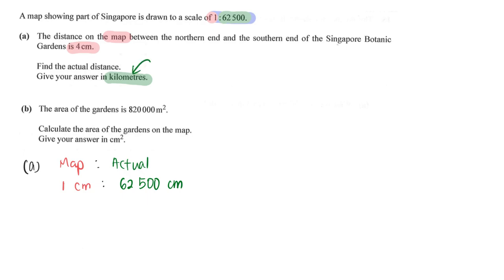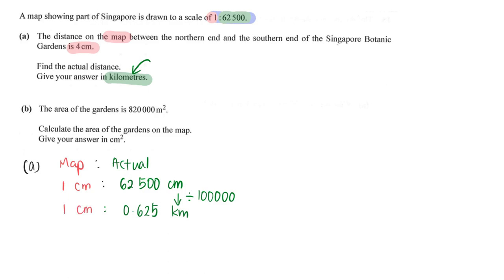And since I know this is going to be in kilometer, I am going to convert this to kilometer by dividing by 1000 meter followed by 20 for the cm, so it's 100,000. And that will actually be 0.625 kilometer, and I have 1 cm.